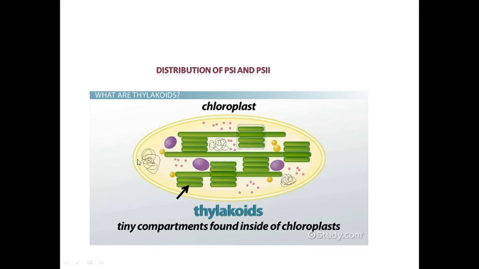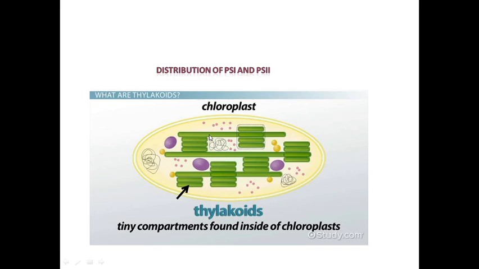Before coming to the distribution, that is, where these pigment systems occur: you will say in the thylakoids, but where in the thylakoids do pigment system first and pigment system second occur? First of all, you know the structure of the chloroplast. These are the thylakoids, 1, 2, 3, 4. These thylakoids are stacked upon one another and form a granum. The individual thylakoids in this granum are called grana thylakoids.